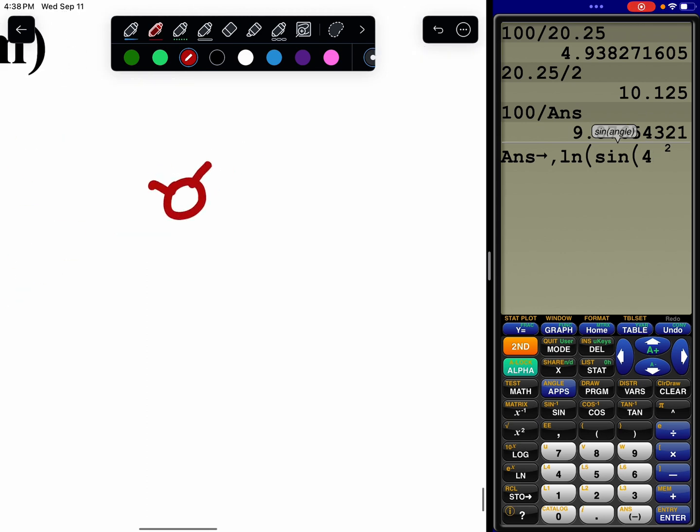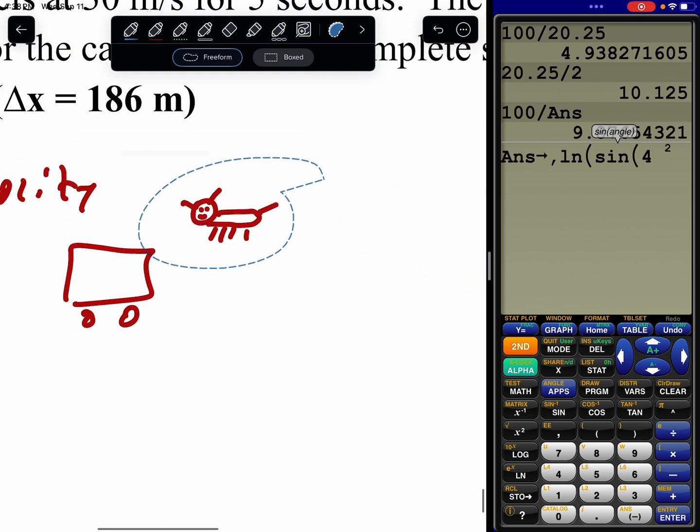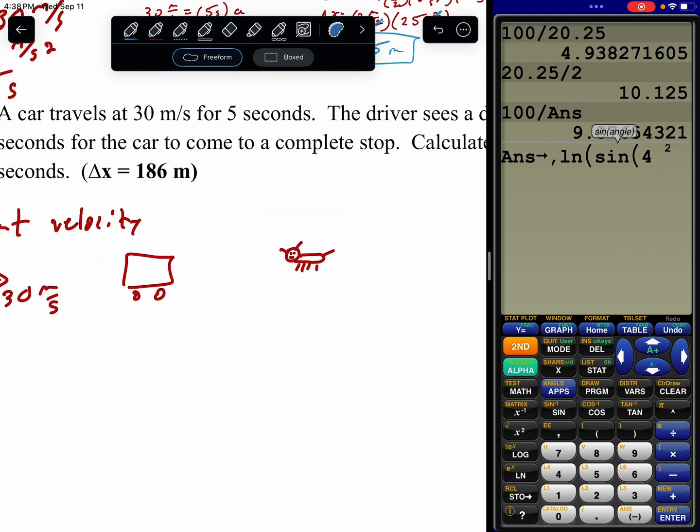Let me see if I can draw a deer here. Eyeball, smiley face. It's a happy deer. And it jumps out. I did not go to art school. And the deer says, "Whoa, hold on, don't hit me." And the car, which doesn't want to hit the deer, is going to slam on the brakes. And so the car is going to be like, "Whoa." Wait, no, that's not how a braking car would look.